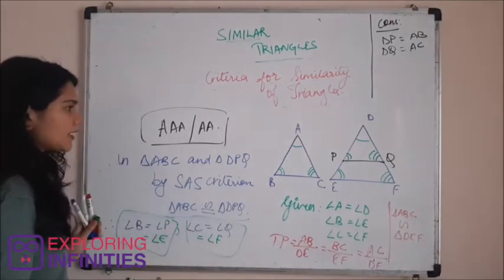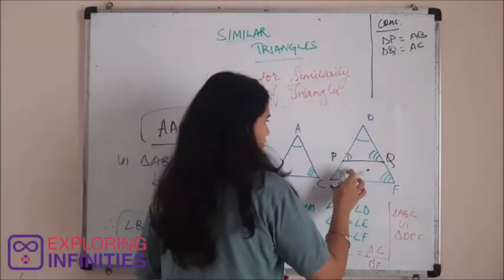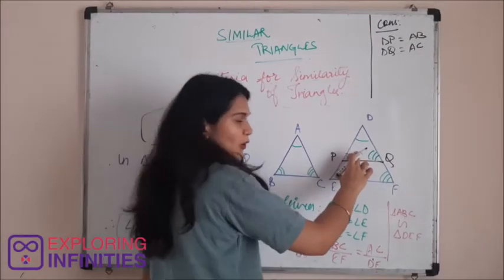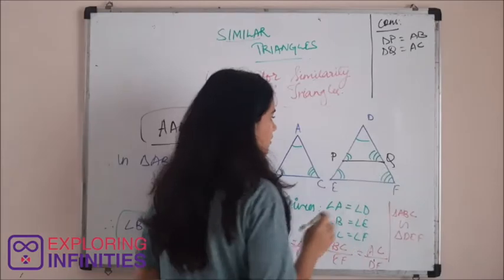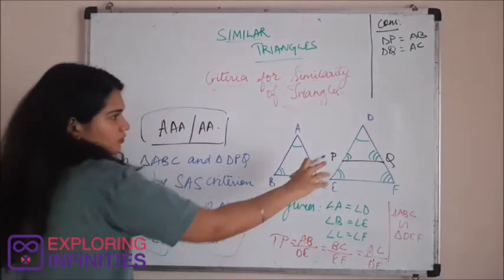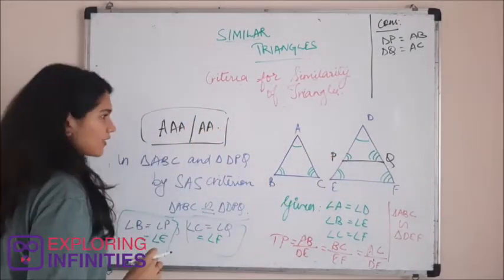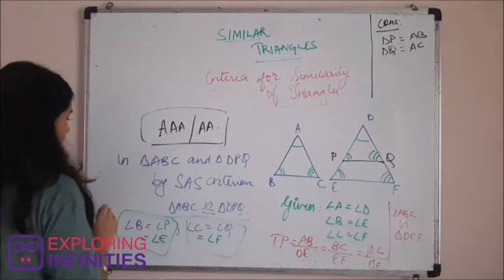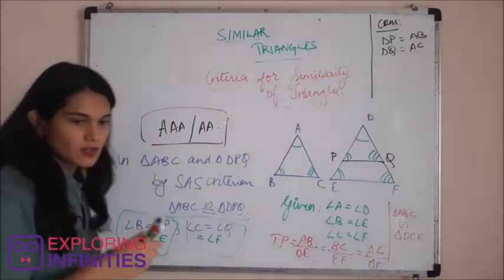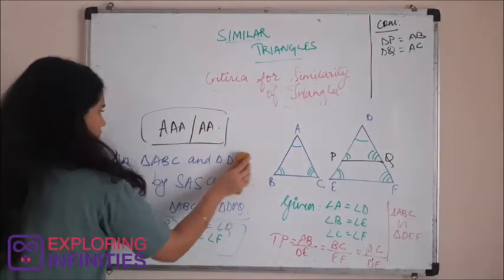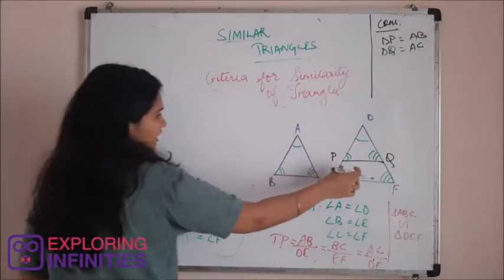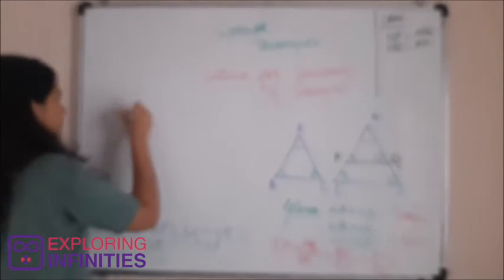So what can we find out? If these corresponding angles are equal, then those two lines are parallel, right? So we can say that PQ is parallel to EF.